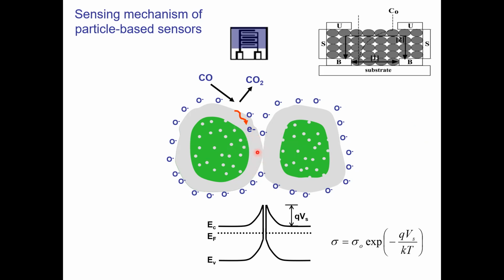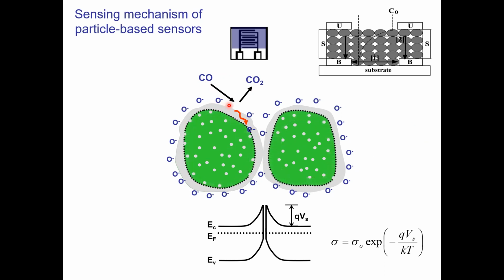Hence, if it's an N-type material to begin with, the donation of electron by reacting with the gas molecule will lead to a drop in the resistance of the material, and it will also make the depletion layer width thinner and thinner as you react more and more of the target gas.